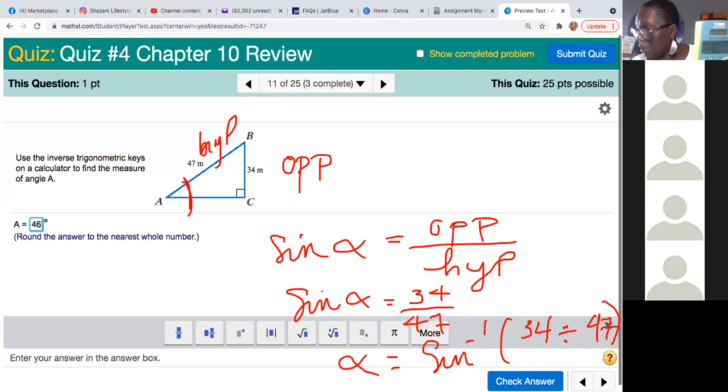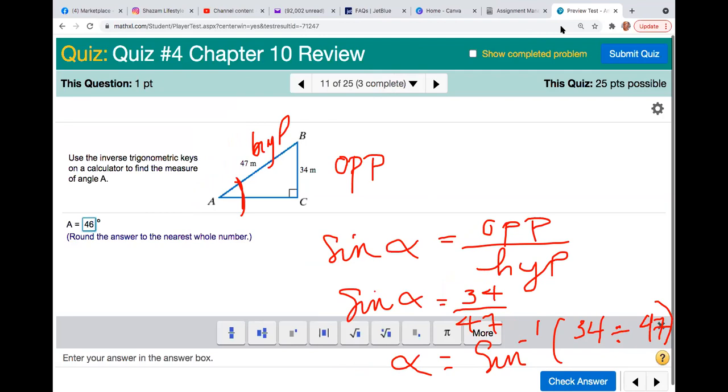Okay. I didn't know you couldn't see the calculator. Look at your calculator. The top left should either have a second key or a shift key. Do you see a second key or a shift key? Okay, do me a favor.